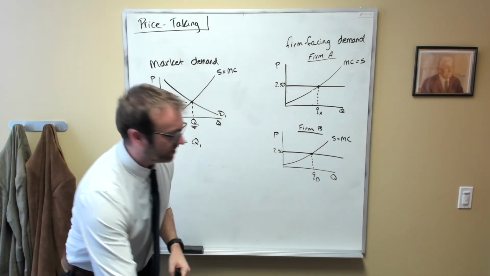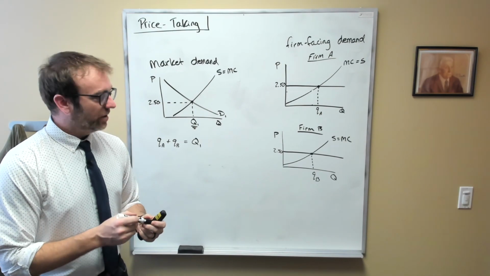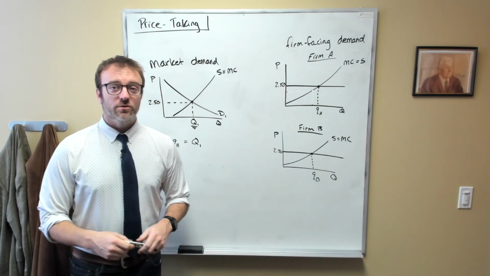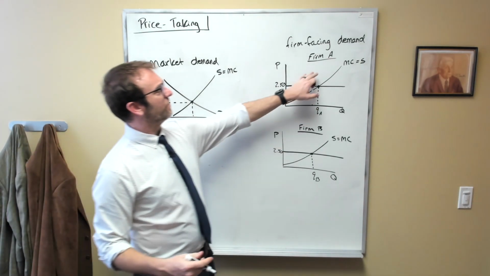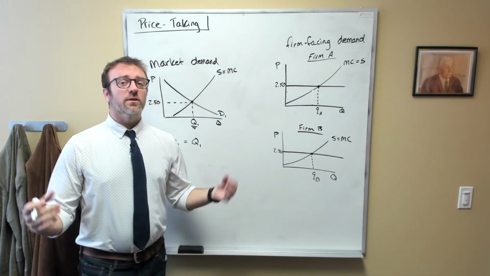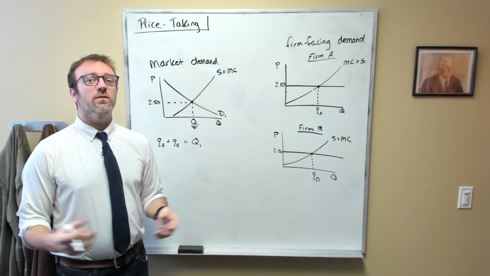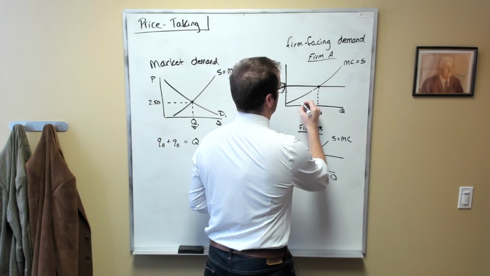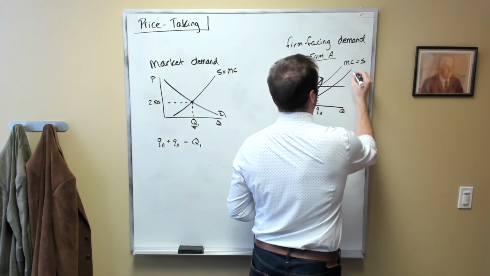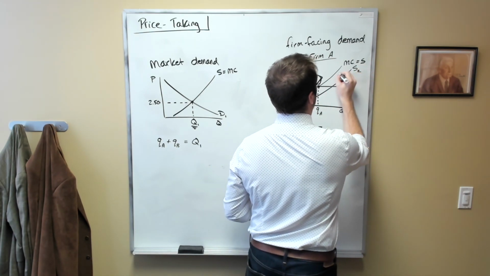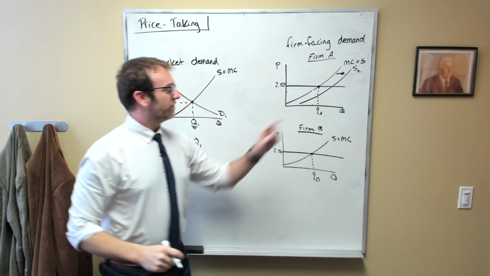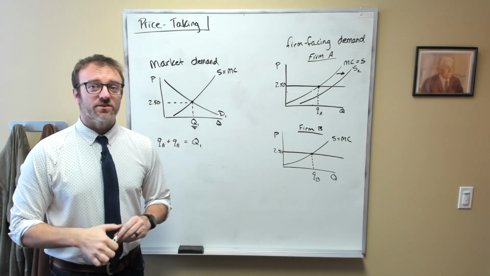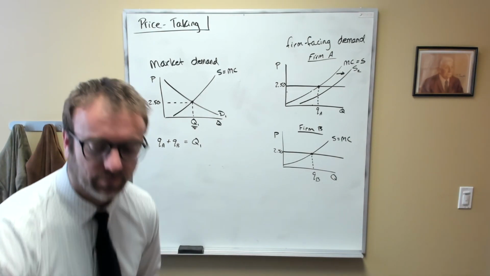So let's do an example of what happens if one firm actually innovates and creates a new way to produce this product. So let's say that firm A discovers a new way to produce this product that increases their ability to do so. Well, initially, what this will do is it will shift the marginal cost curve to the right, but only for them because firm B has not discovered this same new technology.